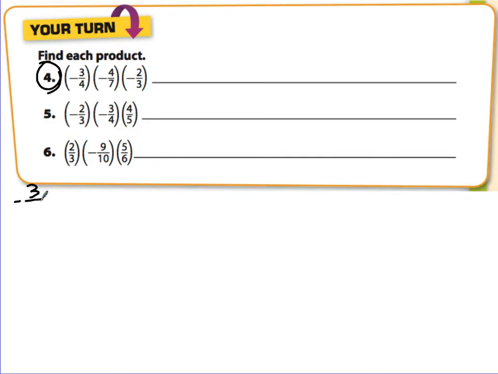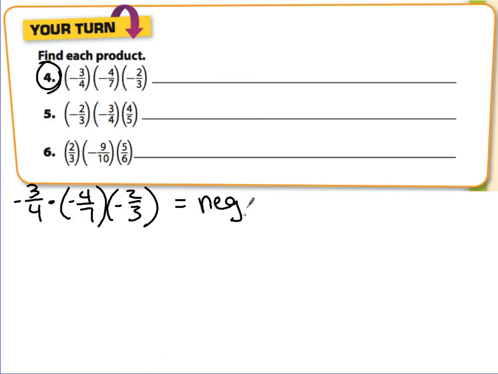So you have negative 3/4 times negative 4/7 times negative 2/3. Well, now remember, we've talked about this. When there are 3 negatives, you know your answer should be negative because these two will cancel each other out and the other one makes the whole answer negative.